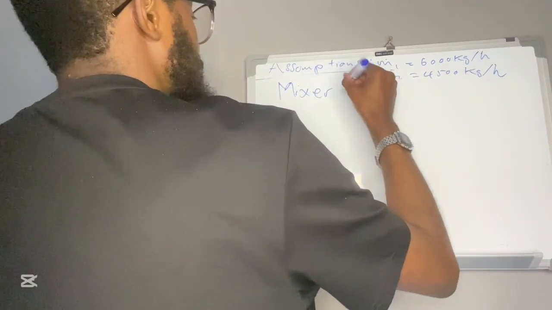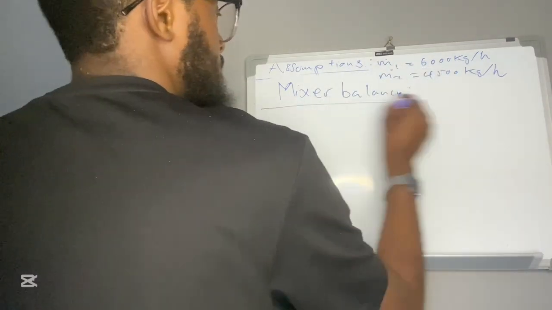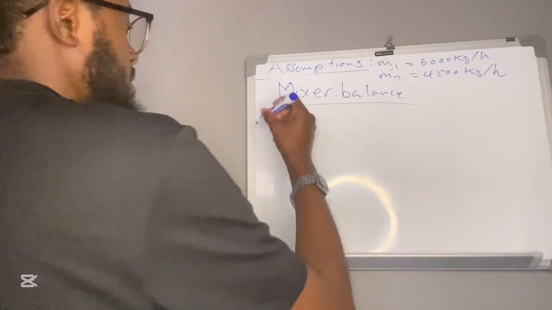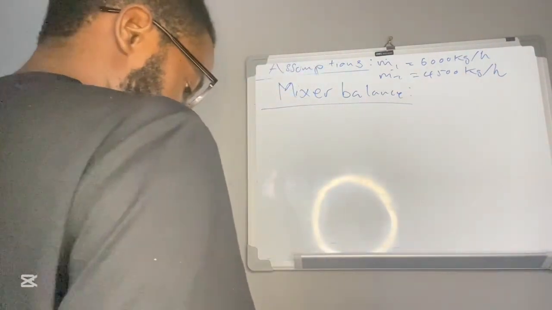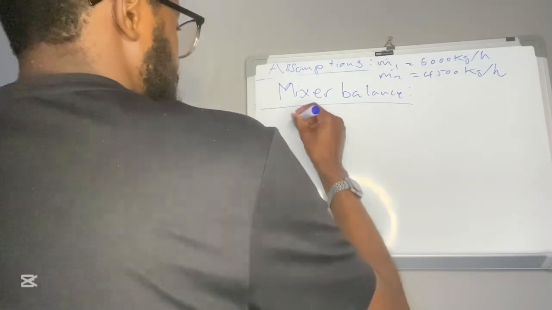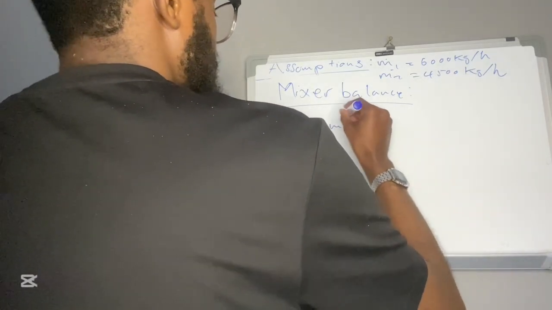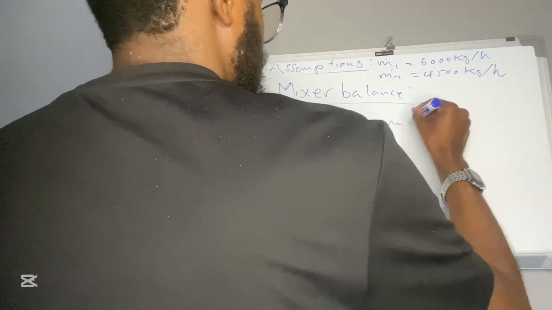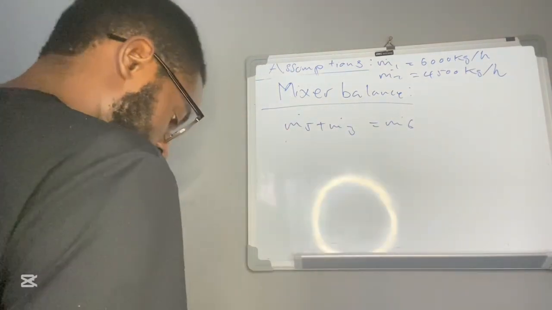Remember on your flowcharts, on the mixer balance it says M5 plus M3 equals M6.